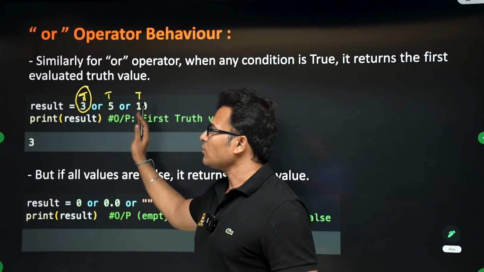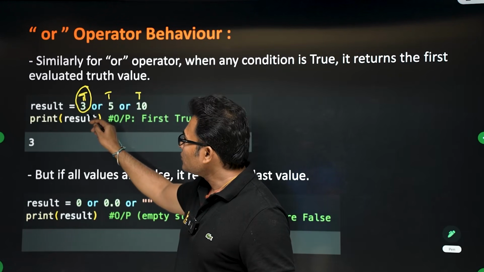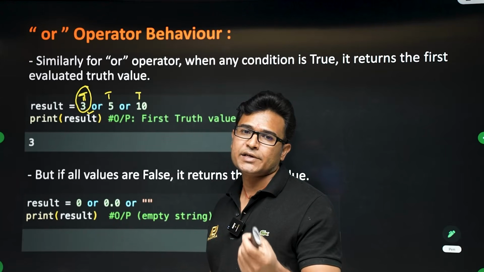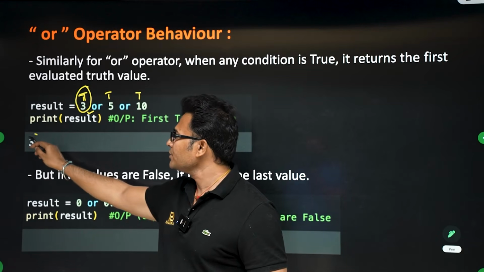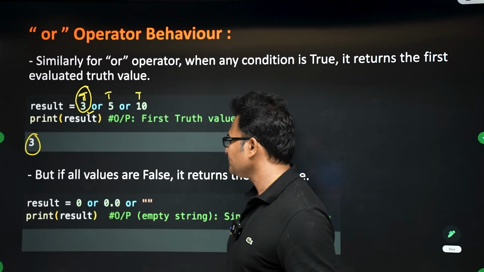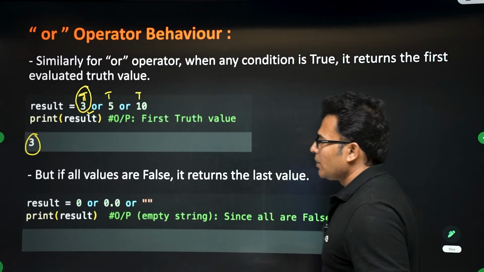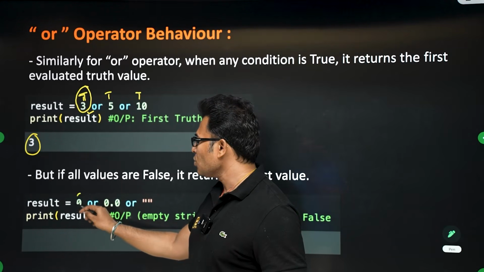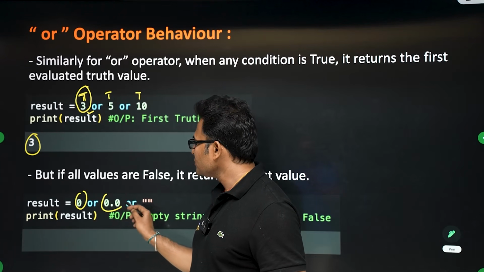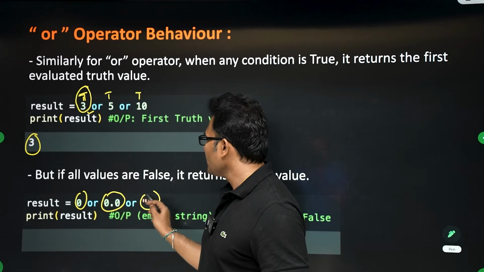It will not go forward, and it will give you that first true value that it has encountered. So what is the true value here? 3. Got it?